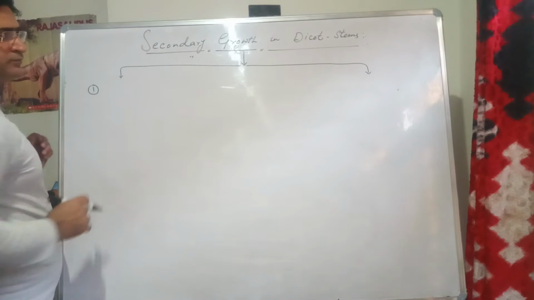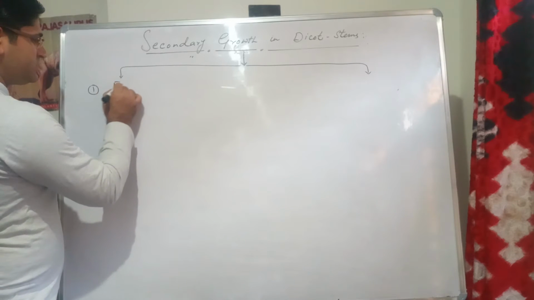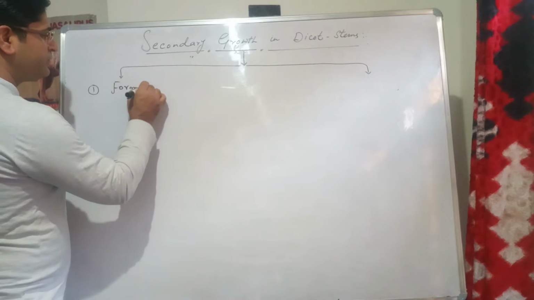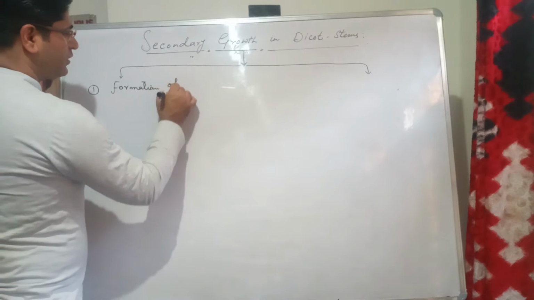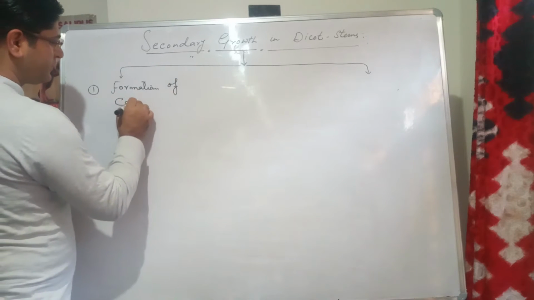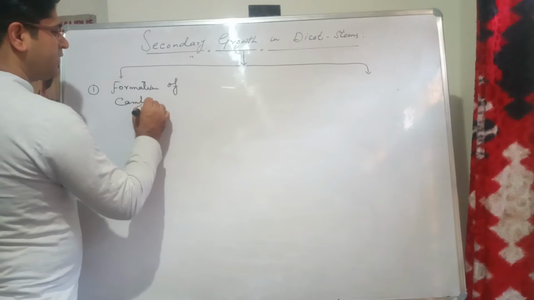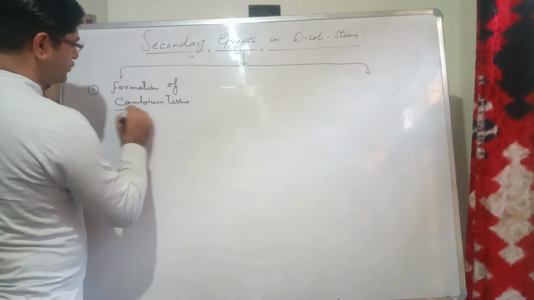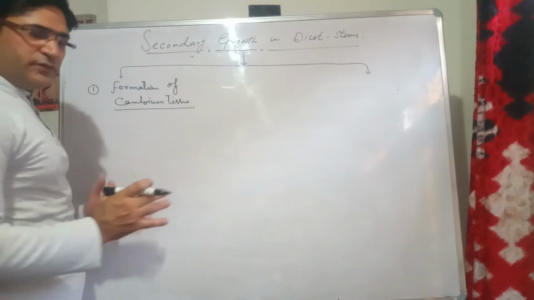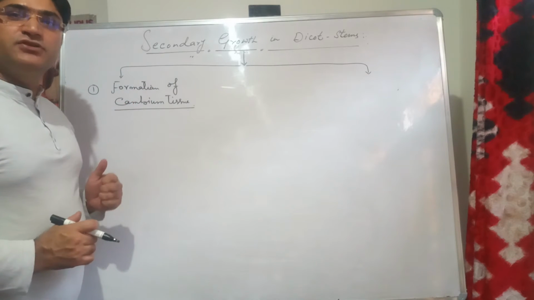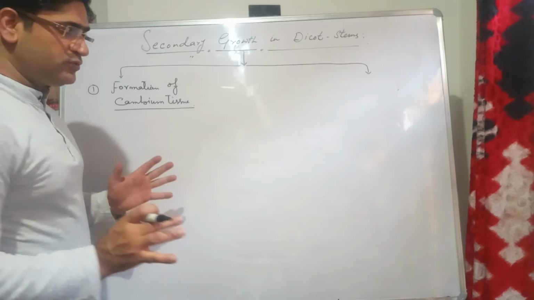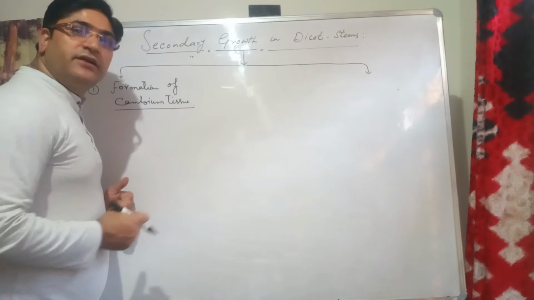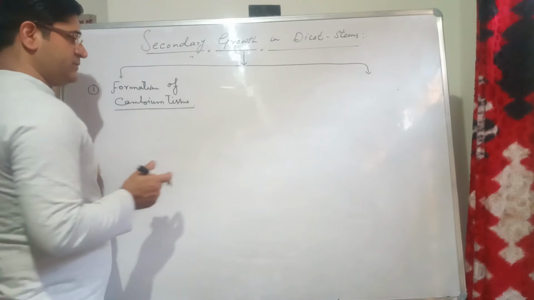The first step is the formation of cambium tissue. How this cambium is formed is the first step to understand how secondary growth is accomplished.